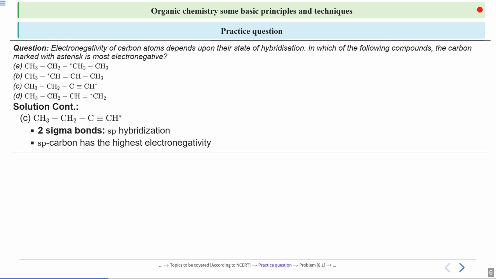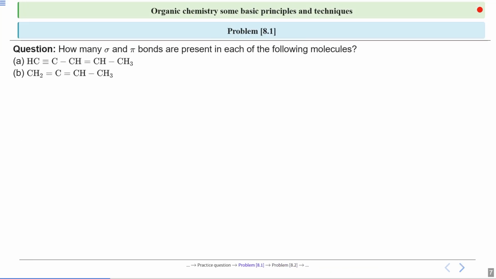So that will result in sp3 hybridization. Whereas in option B and option D, the marked carbons have 3 sigma bonds, which will result in sp2 hybridization. So we will say that in this case, option C has the sp hybridization and hence the marked carbon has the highest electronegativity. I hope this is clear to you.